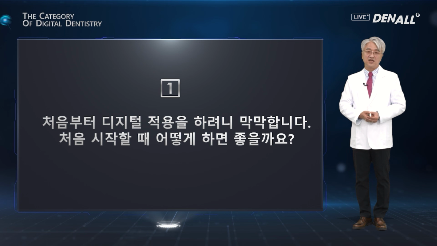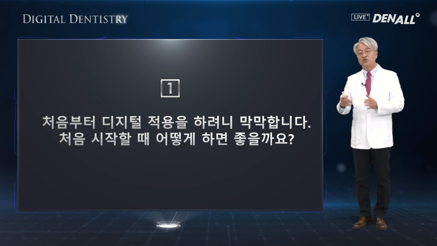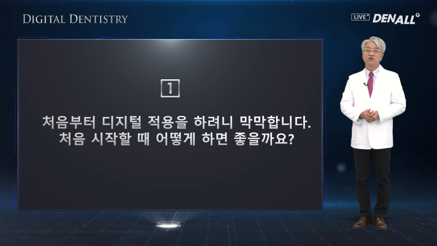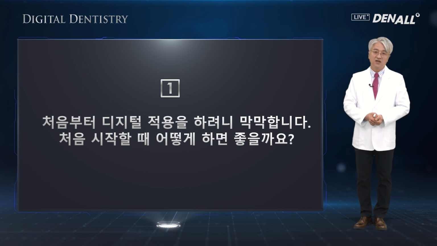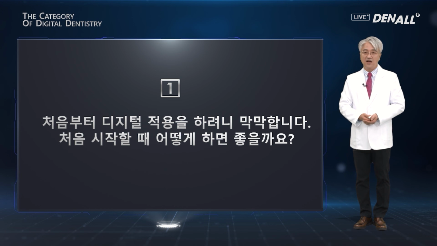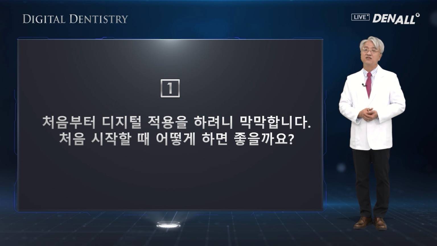So with that, you can expand usage of digital step by step in your clinic. And then the next step could be using zirconia crowns with digital dentistry. So don't rush into things. Gradually, step by step. If you set up digital dentistry in your clinic like that, then without much stress or problems, you will see your clinic transforming to digital dentistry.